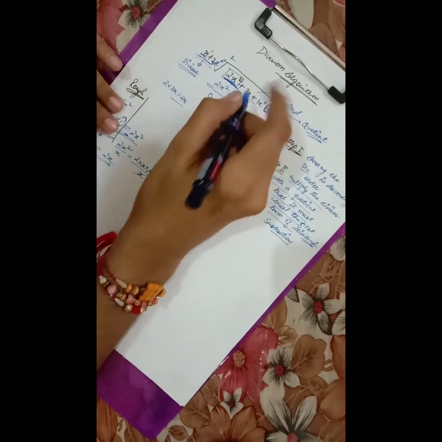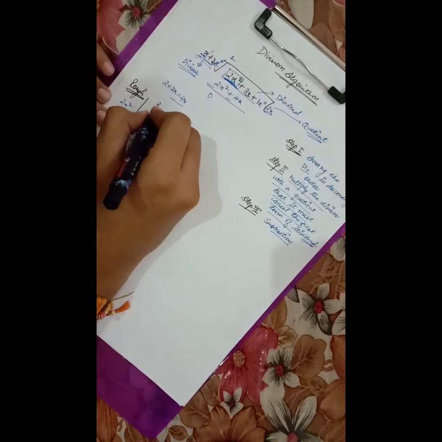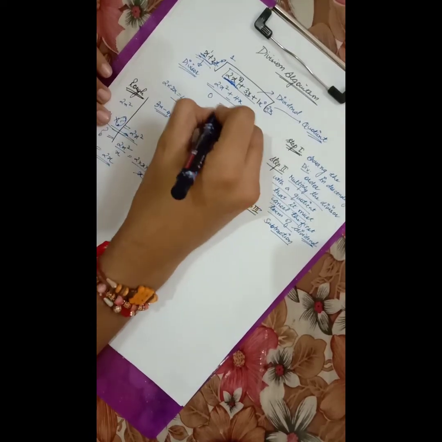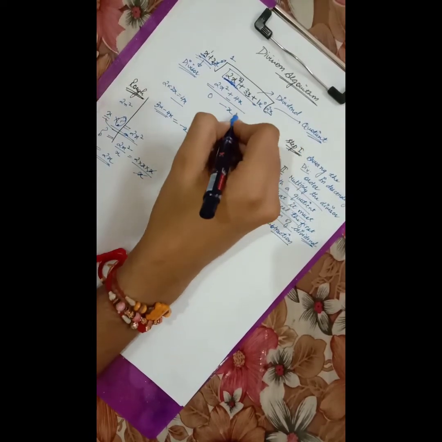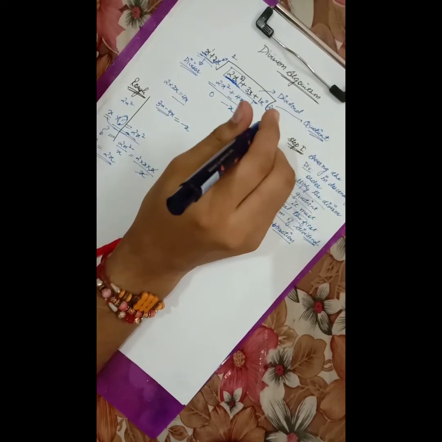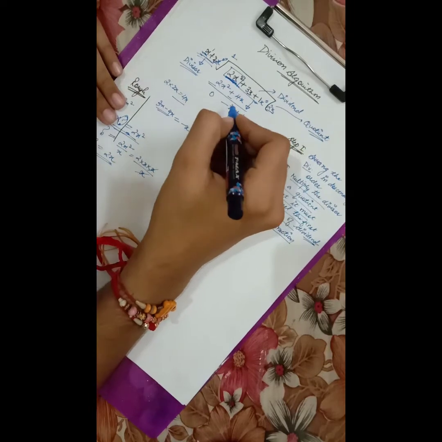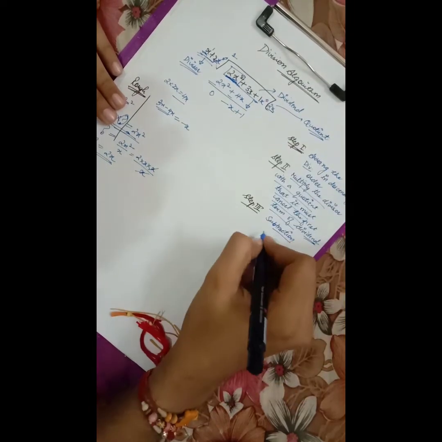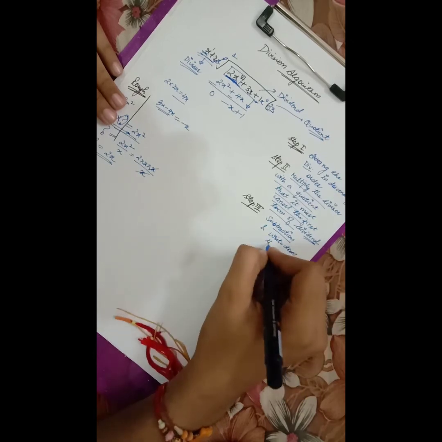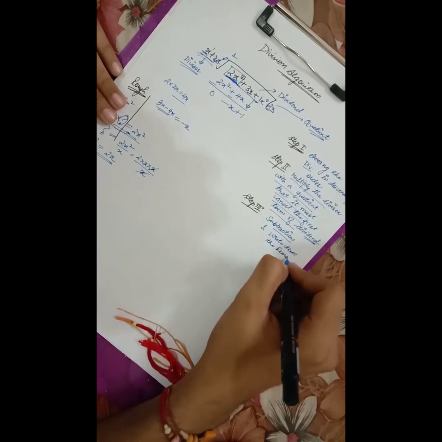Now here we have 3x minus 4x, which gives us minus x, and the remaining term is 1, which has a positive sign. So we will take it down, which was our fourth step: subtract and write down the remaining terms.